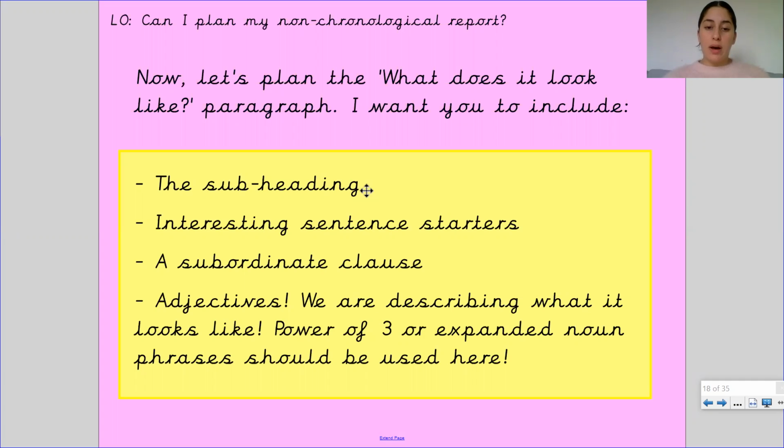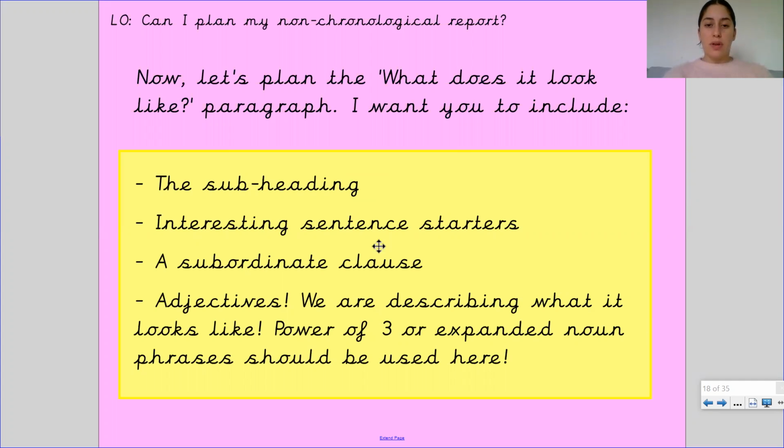You've learned so much about how to use descriptive language. You could use the power of three or expanded noun phrases in this section. You should use that. So try to challenge yourself to make your sentences sound even more interesting. Use descriptive language as well.